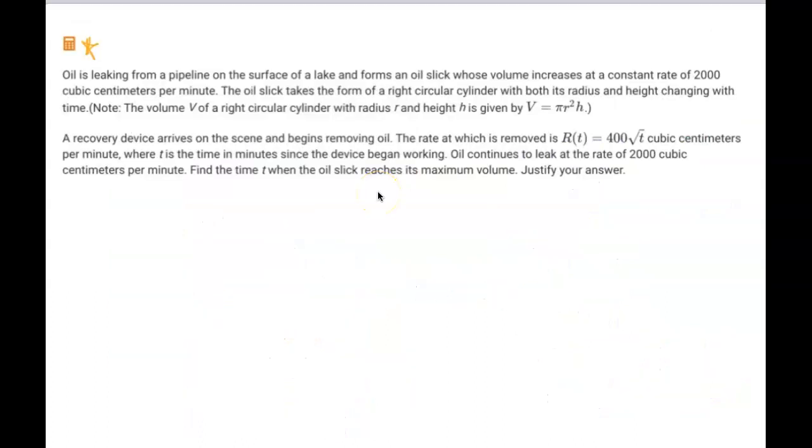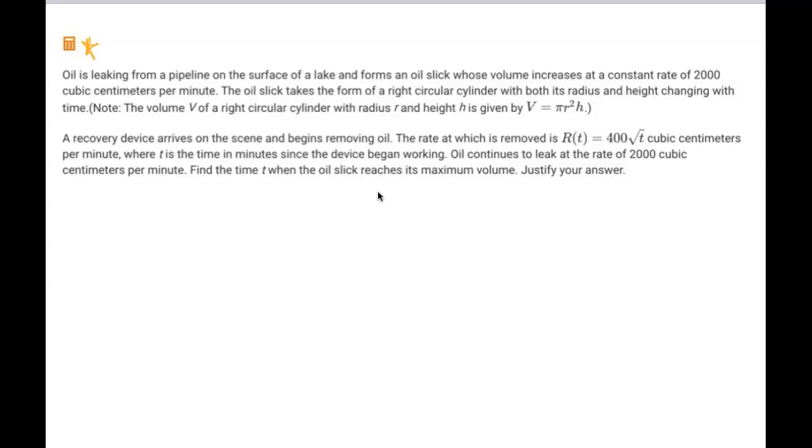Takes the form of a right circular cylinder with both its radius and height changing with time. And then it tells you to note the volume formula for a circular cylinder. A recovery device arrives on the scene and begins removing oil.